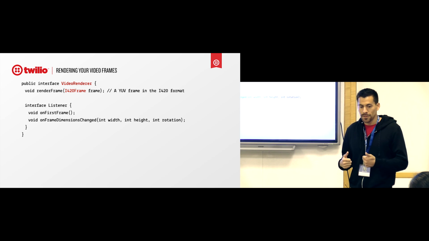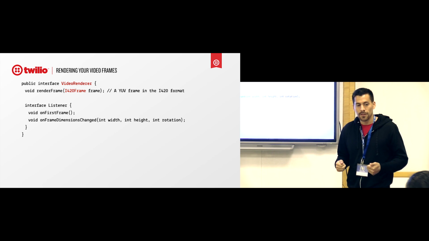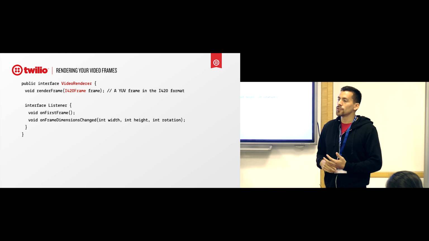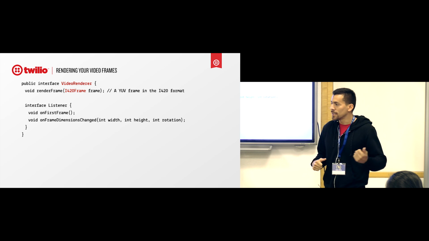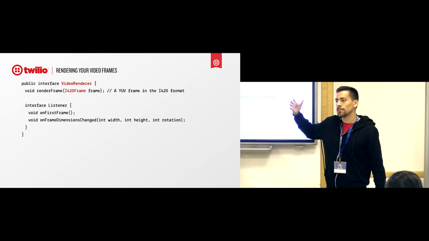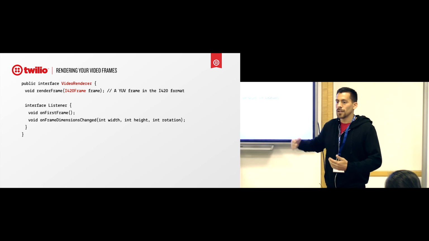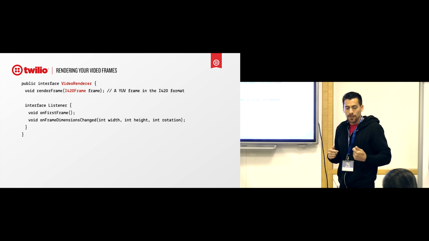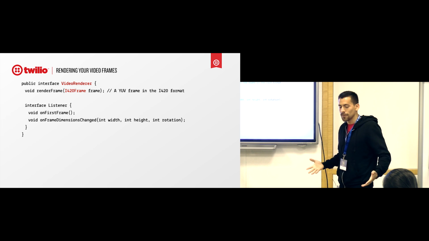It has one interface method called render frame. When you create a local video track, it's being fed by frames, either from your local capture or from a remote stream, in this case coming in from the room. As the video renderer, you'll get these render frame calls, and you'll be able to take the frame and do something with it.